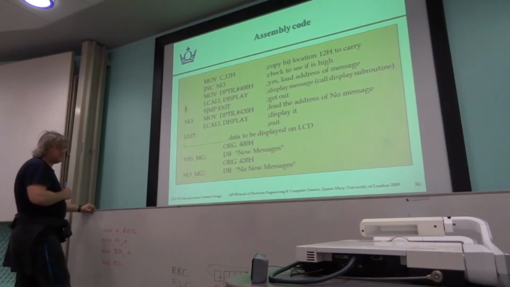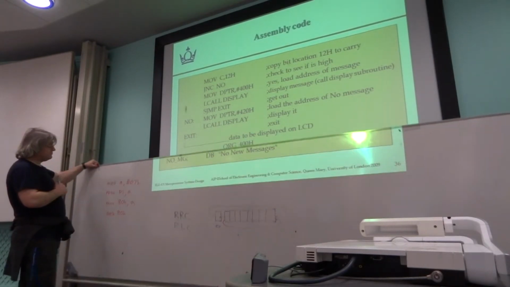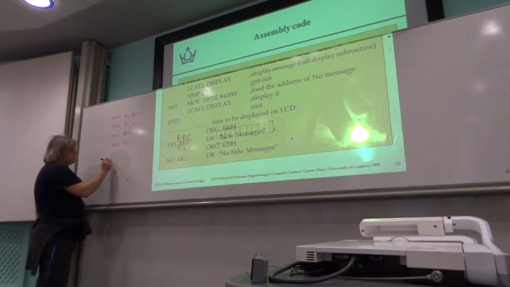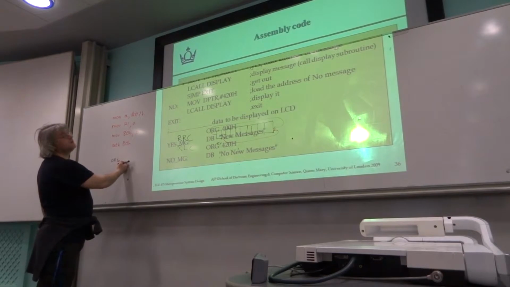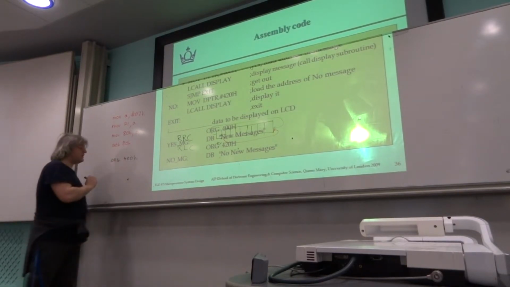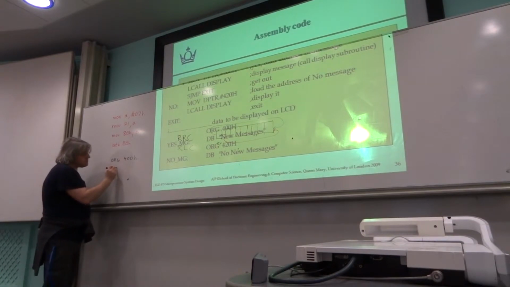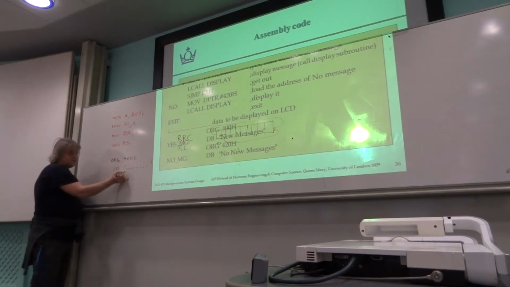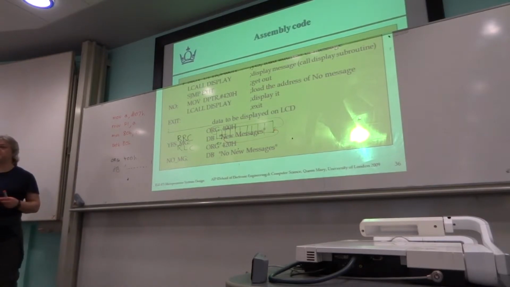What we've done before is ORG 400 hex. We would have written define byte, and then we would have written some kind of message, which would start from memory location 400 and go up a series of bytes, which would be ASCII characters for the message.